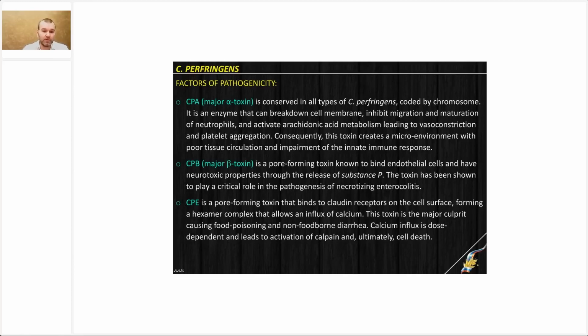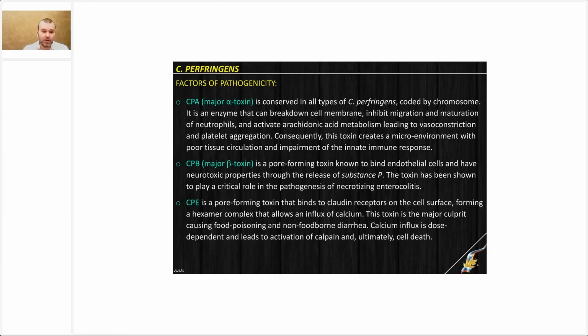The enzymes have the ability to break down the membrane of cells, especially immune cells of humans and animals, such as neutrophils. It can inhibit migration and inhibit maturation of the cells. And by multiple mechanisms, it can affect platelets, the activity of the thrombocytes.